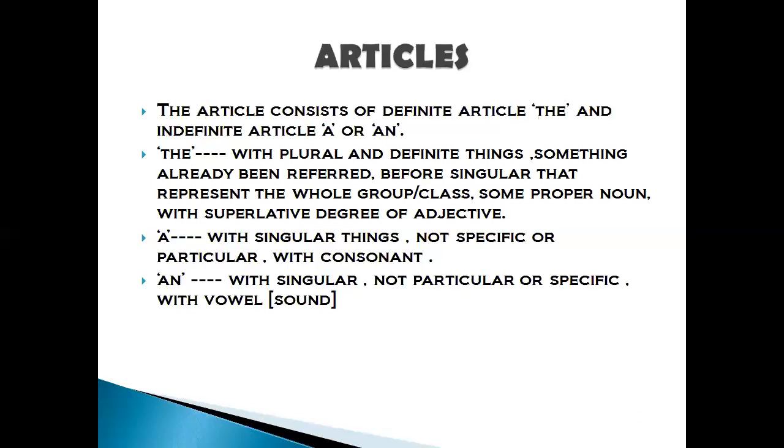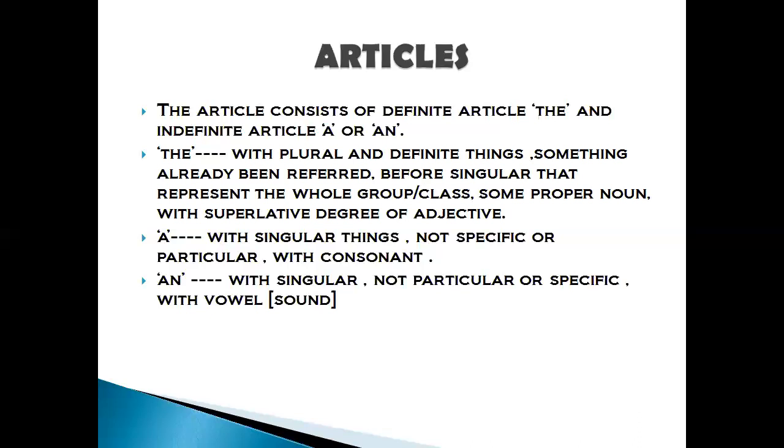Hence, the word we add is a, like a university, a unicorn, a union, and a 1 rupee coin. In the same way, words like honest and honor start with a consonant letter but have a vowel sound. Hence, we say an honest man, an honor.